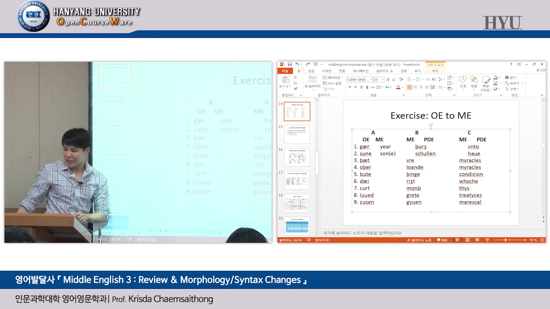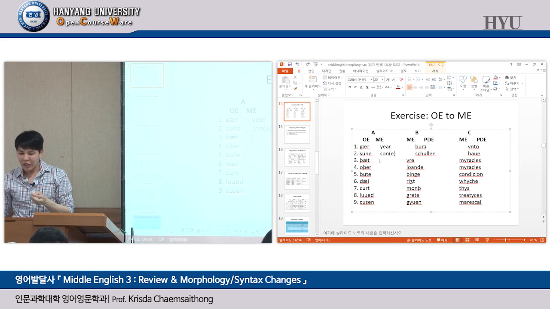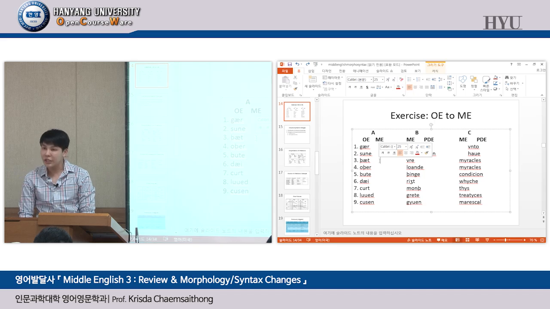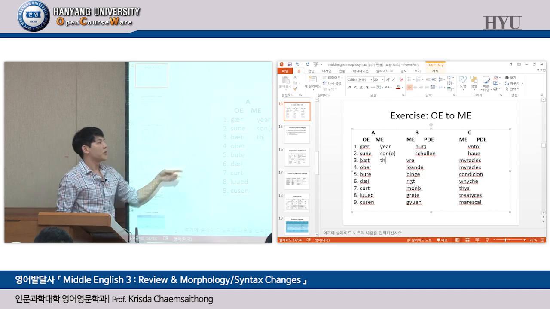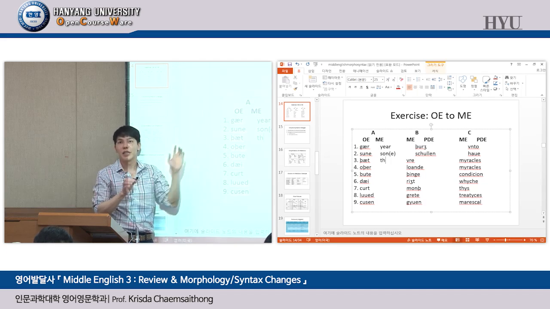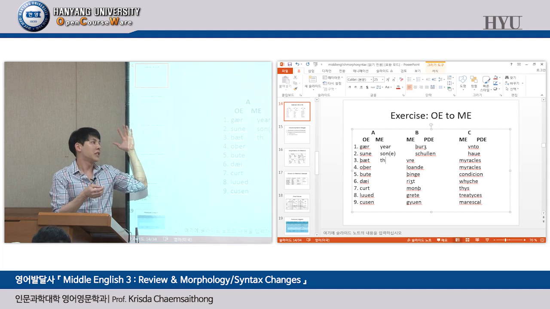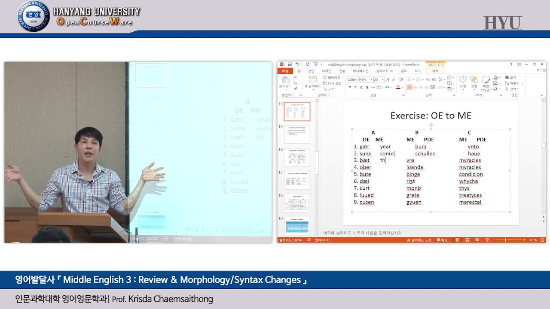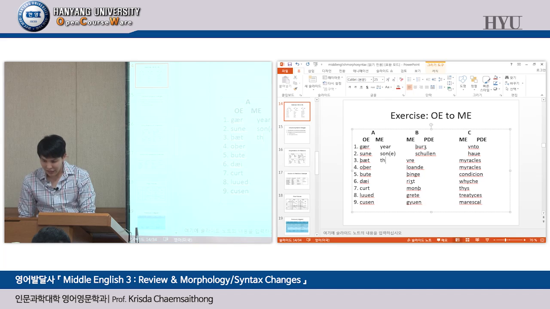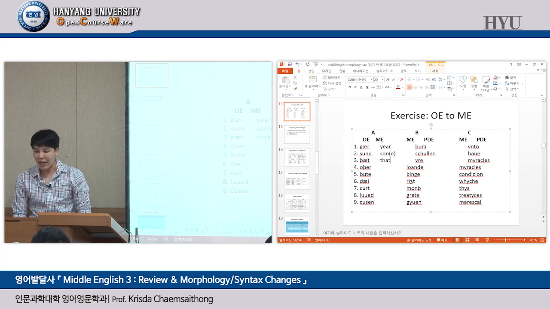And number three, the thorn changed to TH, right? And sometimes you might still see the thorn in the manuscript, depending on whether it's early Middle English or late Middle English. And then air changed to R, or EA, and then that, right?